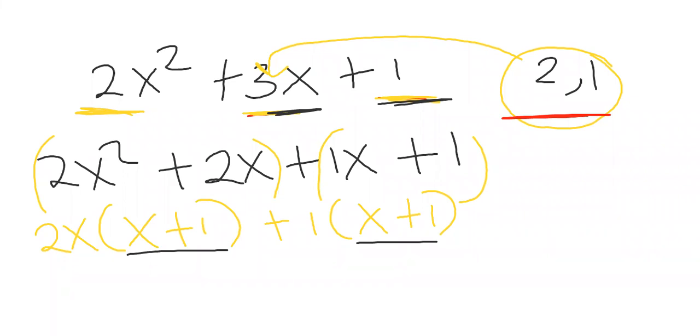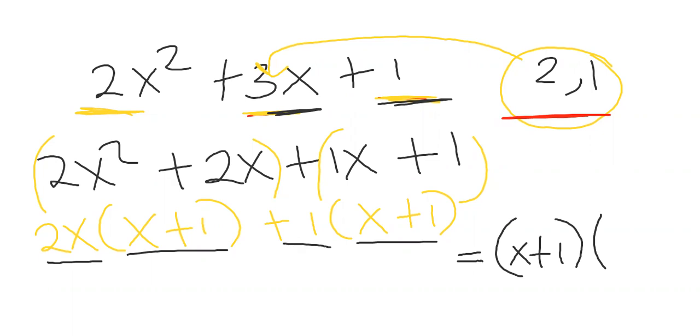And we said, if what is inside the brackets is the same, then our final answer is we are going to rewrite what is inside the brackets. We're going to put it there. Then lastly, you are going to take what is outside your brackets and put that in another bracket. And then you are done. So that's your final answer.